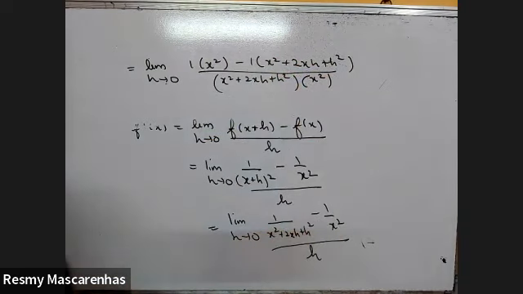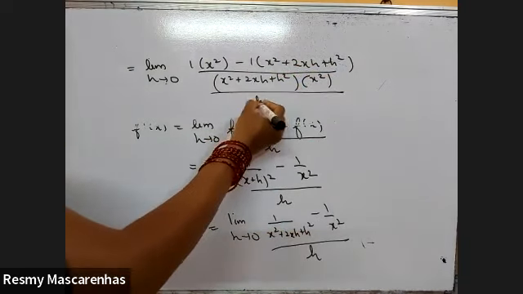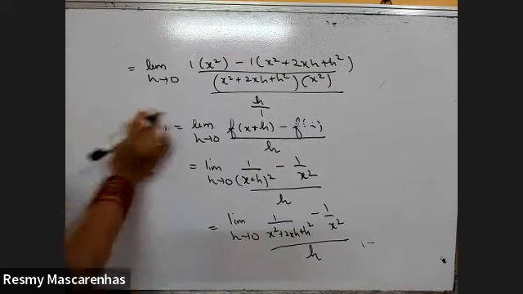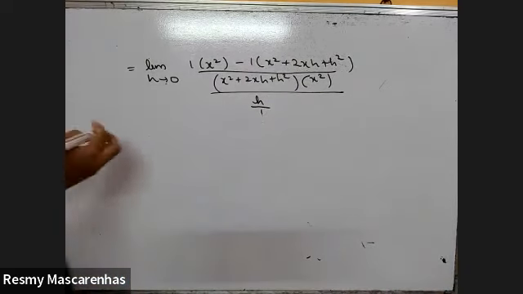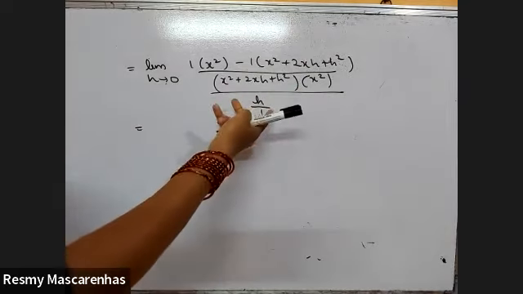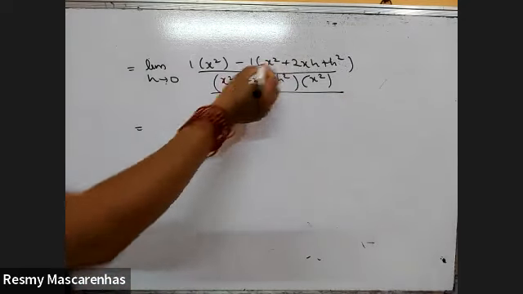This into this upon h upon 1. And now cross multiply. This will reverse. And this, open up the bracket.